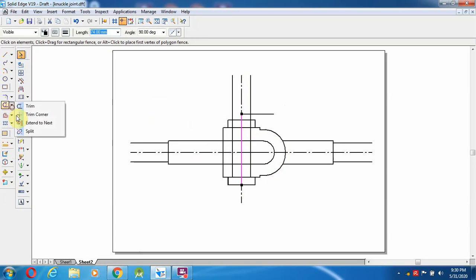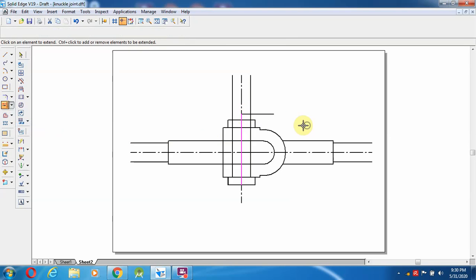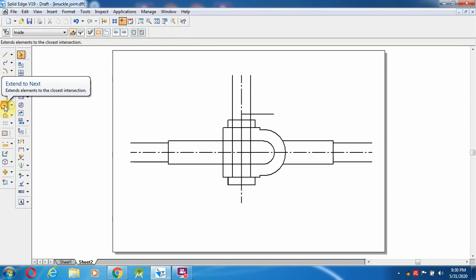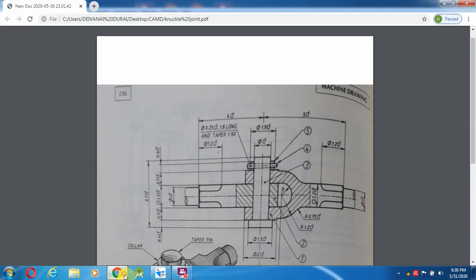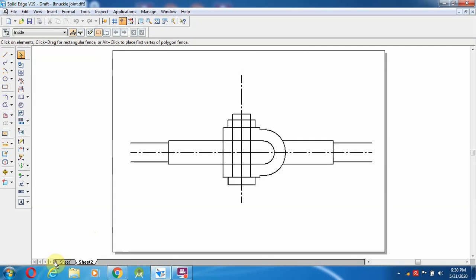Then use extend to next, so I am going to extend and trim the particular thing over here. After completing this, in the drawing they have given a radius of 0.75D.